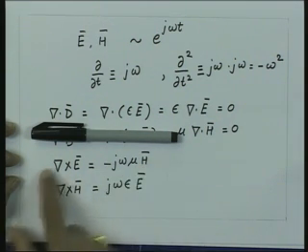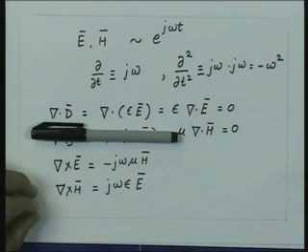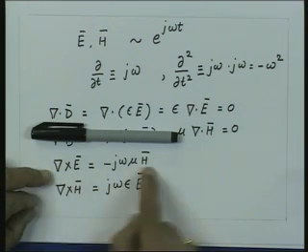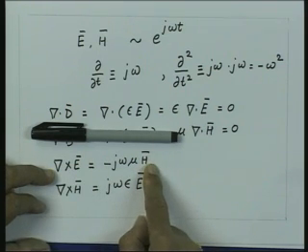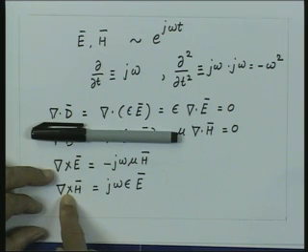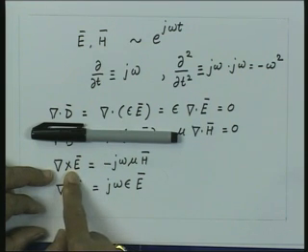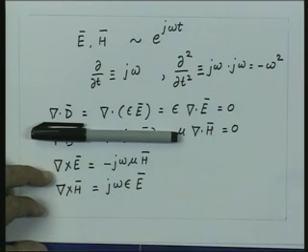This equation, if I recall, is similar to what we had got for transmission lines. In a transmission line, if I replace electric field by voltage and magnetic field by current, then I had the derivative of voltage equal to minus j omega L times current.